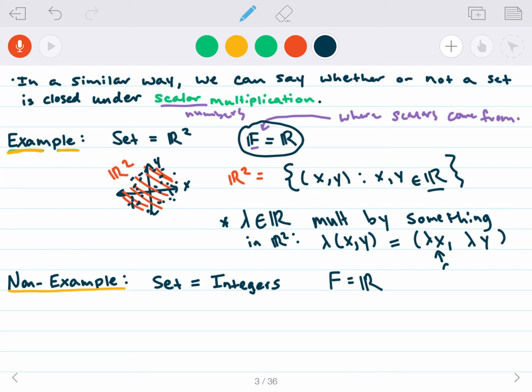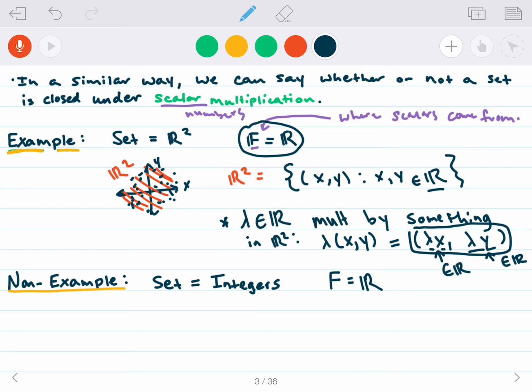This lambda x is in the real numbers, and so is lambda y. Therefore, this is going to be in R2 because the first component is a real number. Real numbers times real numbers are themselves real numbers. It's just a field axiom. And same thing for the second component.